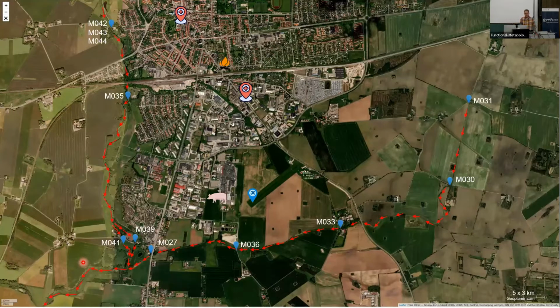Then we went out to this river system around a small city in Denmark, I think with 40 or 50,000 inhabitants. And we collected samples from the west side of the city along a river. There was a small creek here running around agricultural areas.